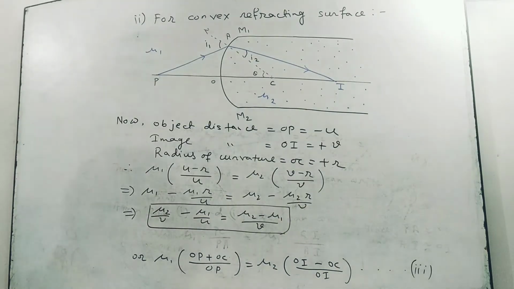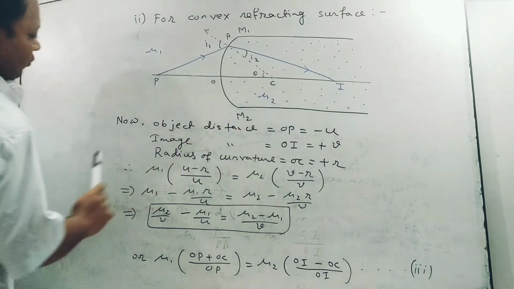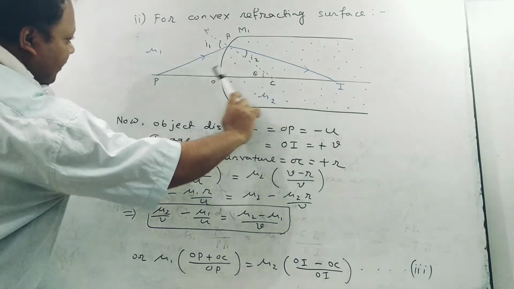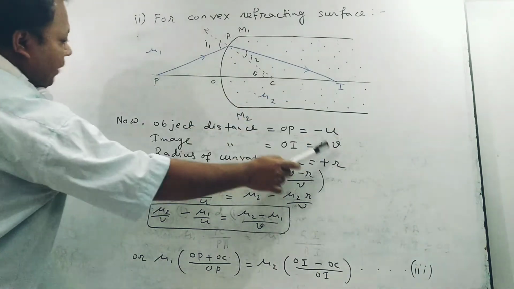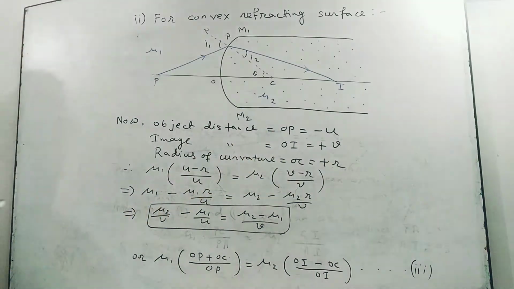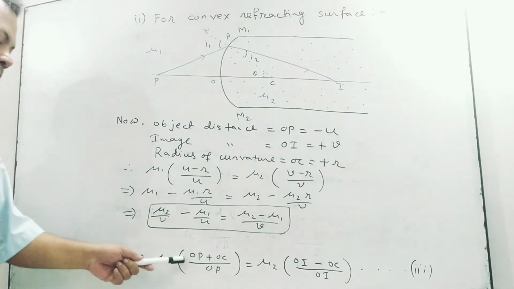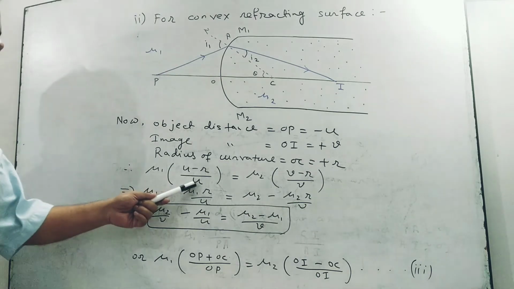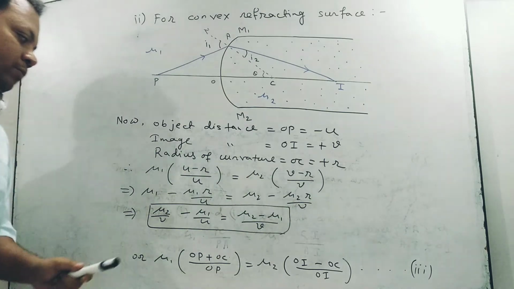Now object distance OP is equal to minus u. Image distance OI is equal to plus v. Radius of curvature OC is equal to plus R. Now we can put these values in equation 3. Therefore we can write mu1 times (u minus R) by u is equal to mu2 times (v minus R) by v.